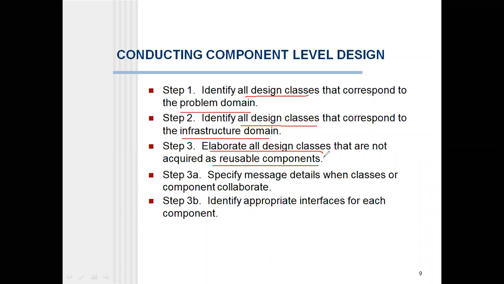The first step is you need to elaborate all the interfaces, attributes, operations which are necessary to implement the class. That is the first point. The second point is that the component must be considered with the cohesion and coupling states.